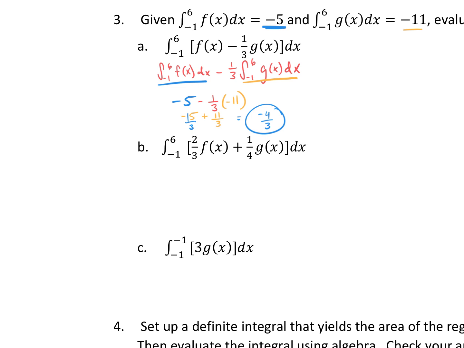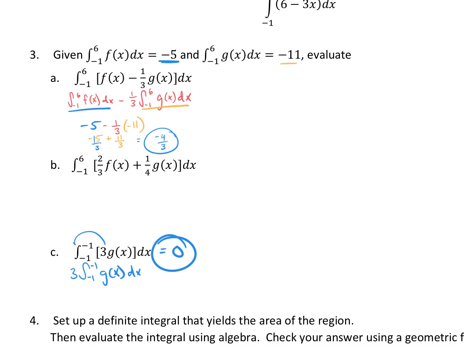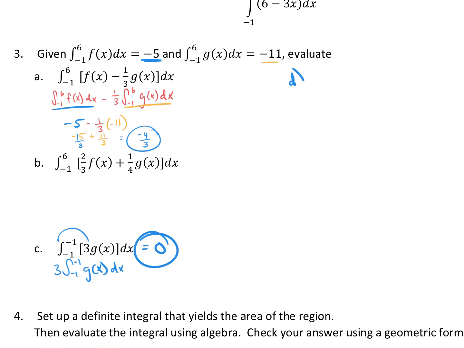B is pretty similar. What would C be? We're taking the integral from -1 to -1. Yes, 0. Awesome. You can move the 3 out front, if you wanted to do it this way. The integral from -1 to -1 of g of x would be 0, and 0 times 3 would just be 0. So we get 0. Let's say I'm going to make a D question here.